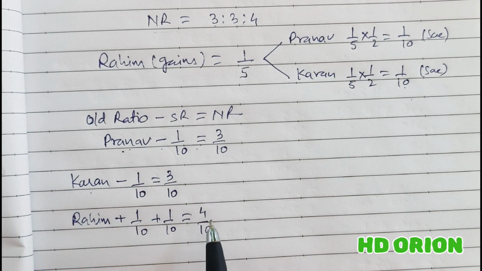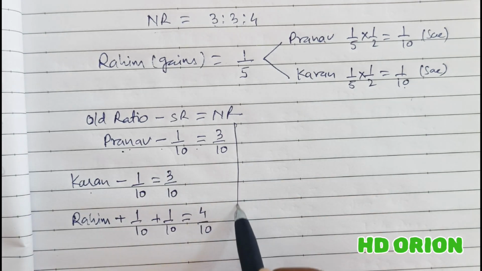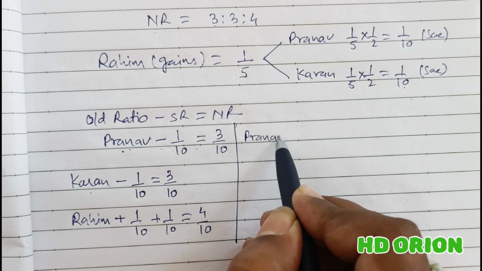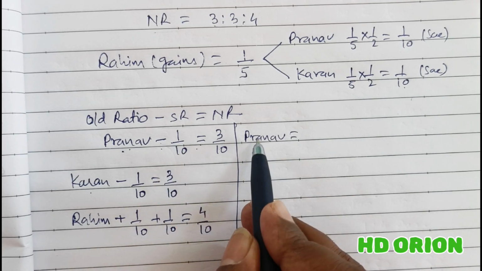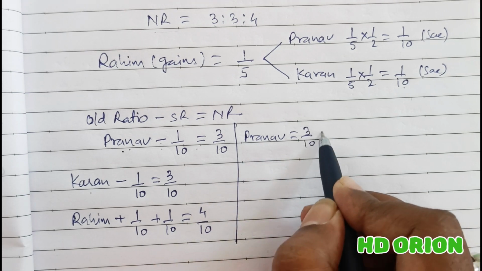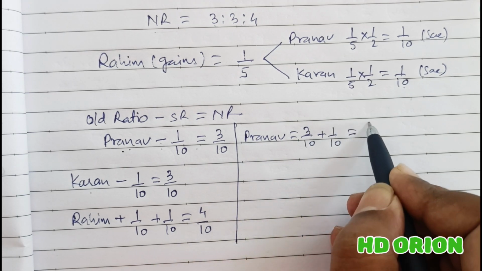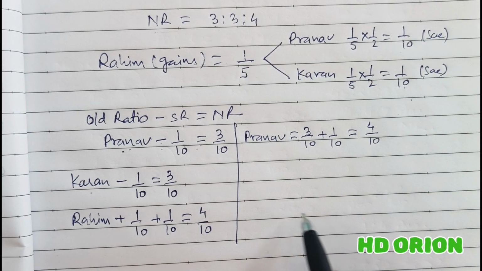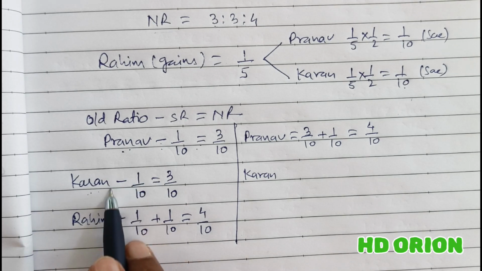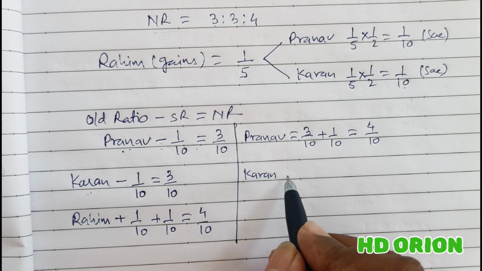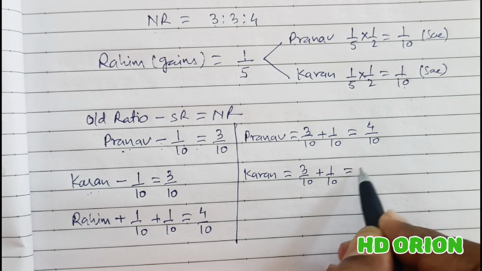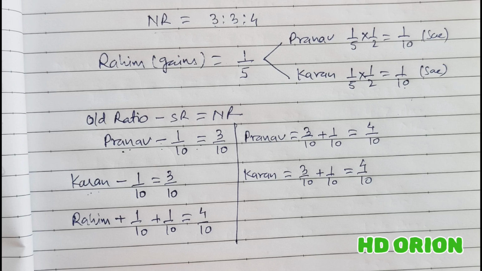Now when we solve this, we will transpose. So Pranav is equal to, this minus will go to the right hand side, so it will become 3/10 plus 1/10, that is equal to 4/10. And for Karan, we transpose to the right hand side, we get 3/10 plus 1/10, that is equal to 4/10 again.